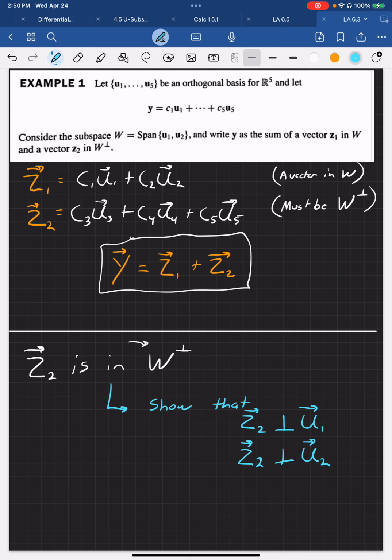In other words, since z is a vector and u are vectors, you would end up doing dot products, maybe. That would be one way. Again, assuming the zero vector is not part of these vectors you're dealing with. So dot products might be your ticket for showing that it's in that set. Okay.